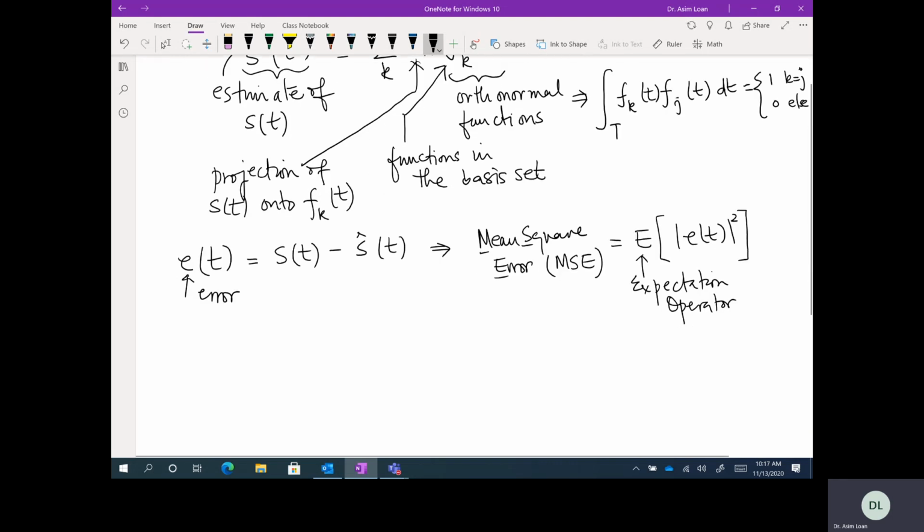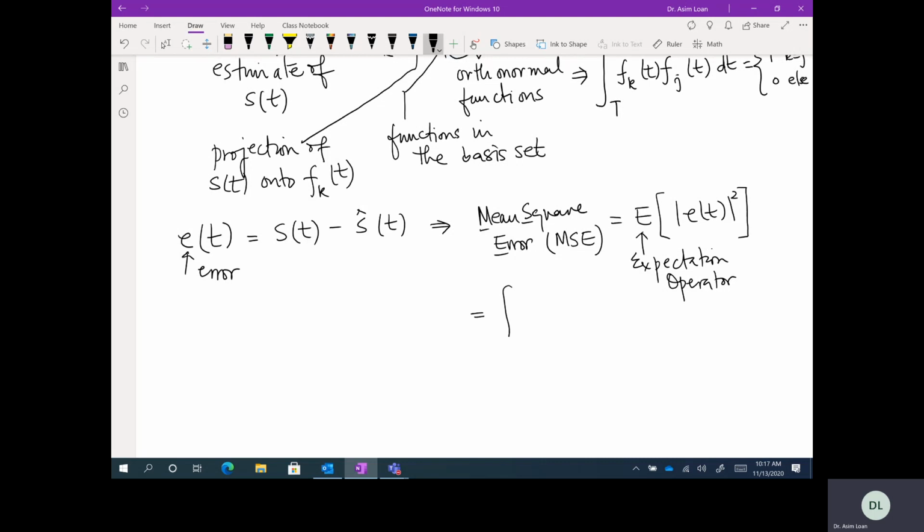Just remember, this is simply equal to the integral over t of the absolute square of E of t dt, which is the integral of the absolute square of S of t minus S hat of t dt. So this is the error square and we want to minimize it.